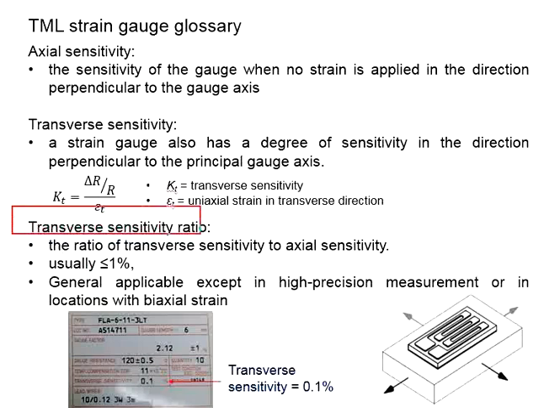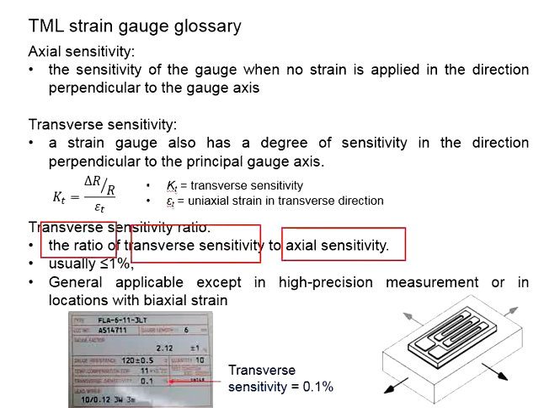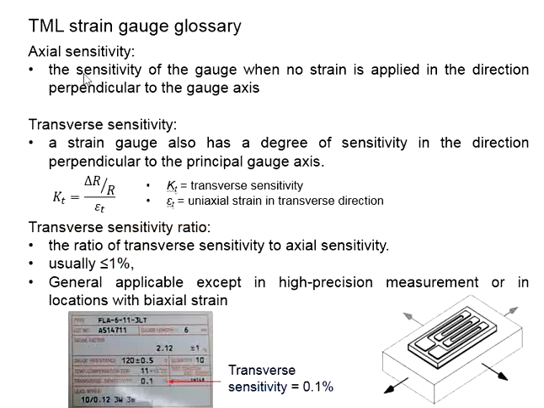Or you may refer to the transverse sensitivity ratio. This is the ratio of the transverse sensitivity to the axial sensitivity. It is usually equal to or less than 1%.